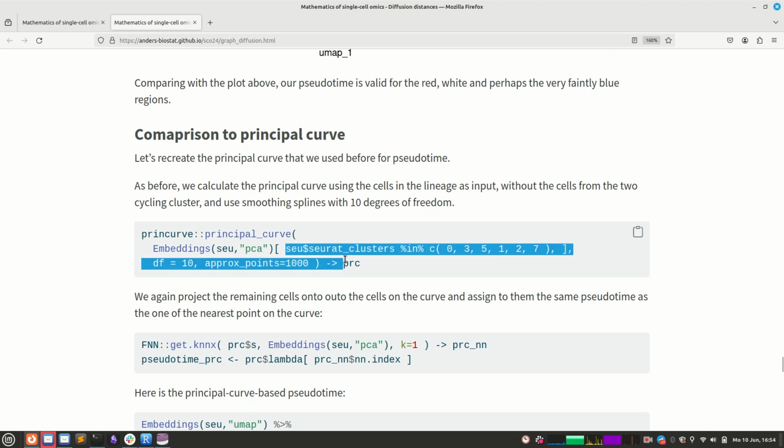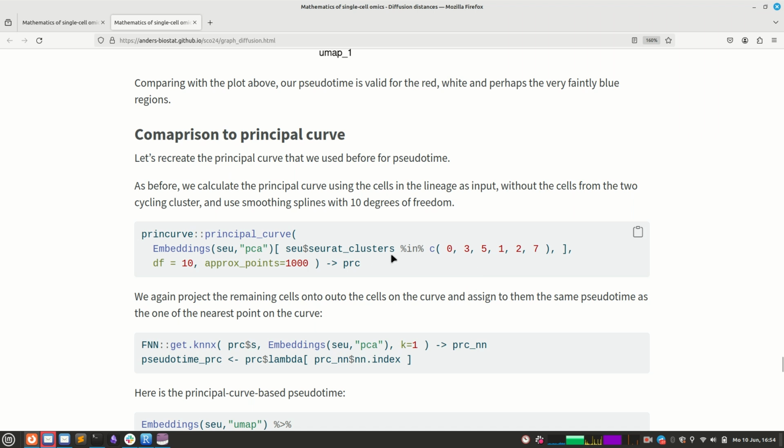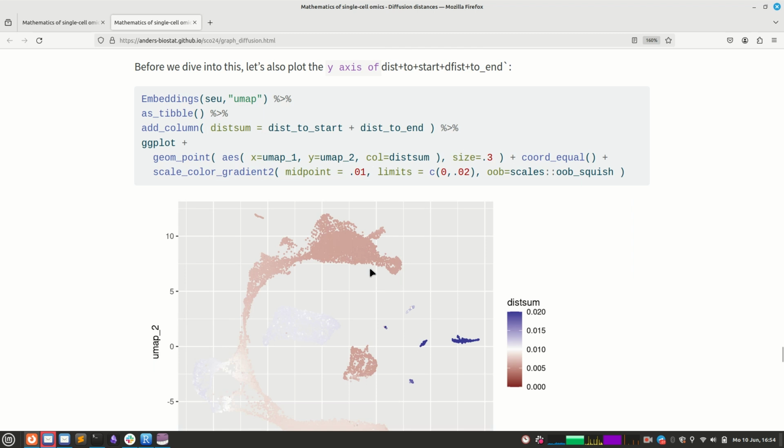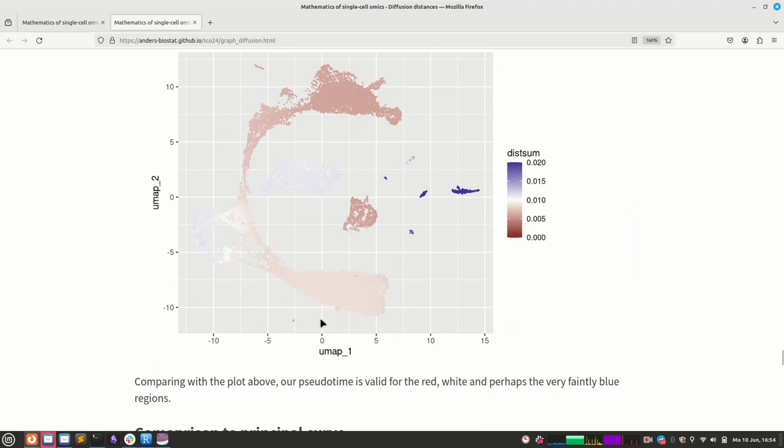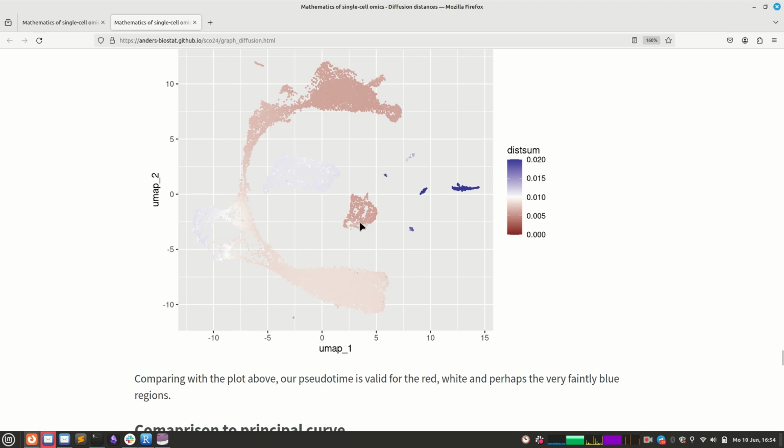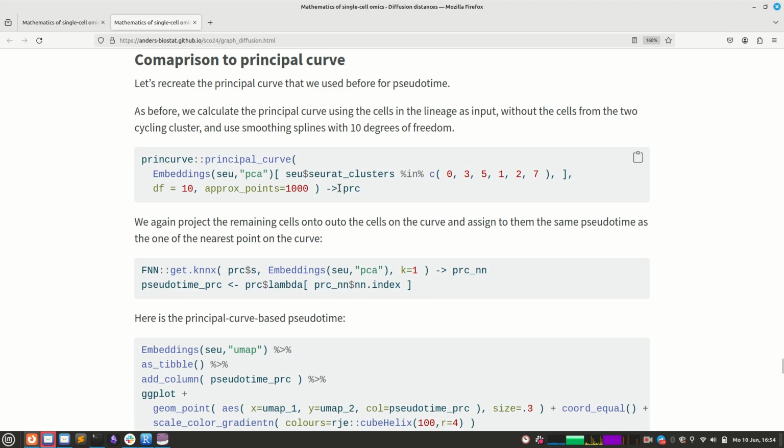And now I want to compare, does this look similar or different? So I take all the cells which are in the cluster, so all those here, and use this principal curve package again, which now finds a curve which goes through the middle of all these points, minimizing the squared distances of the points to the curve.